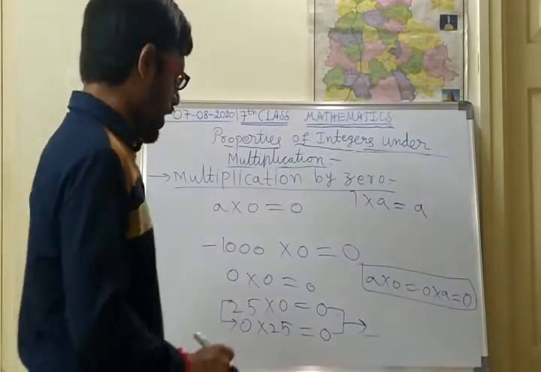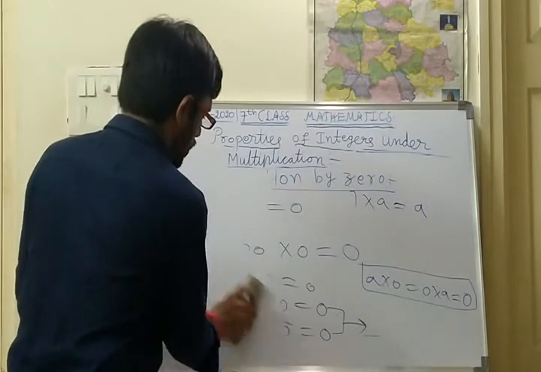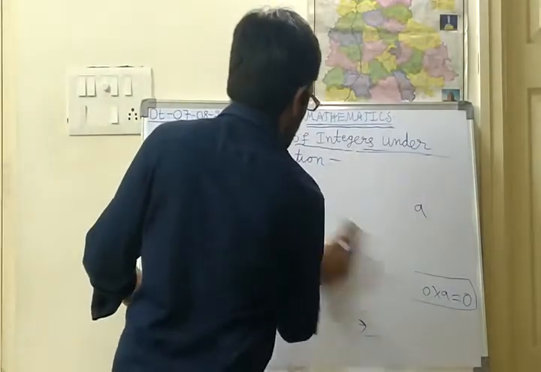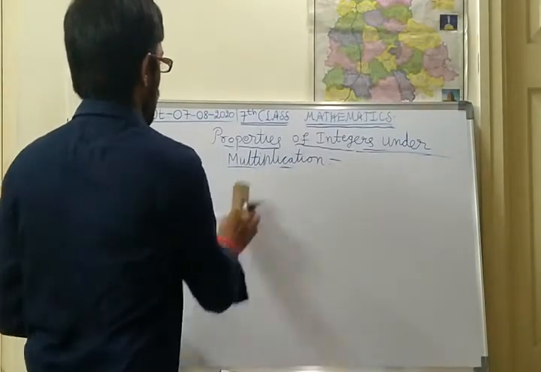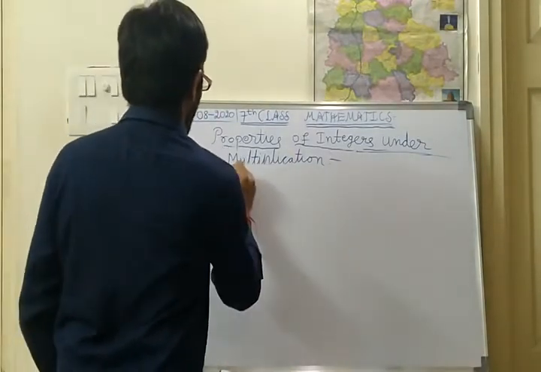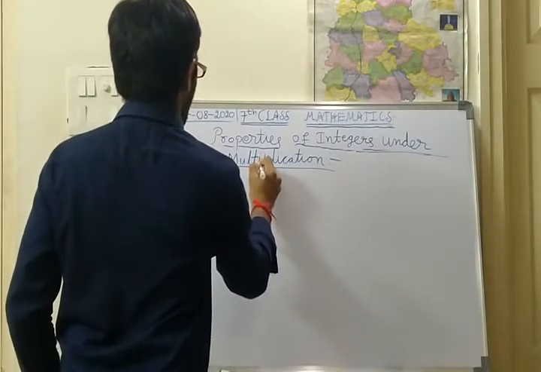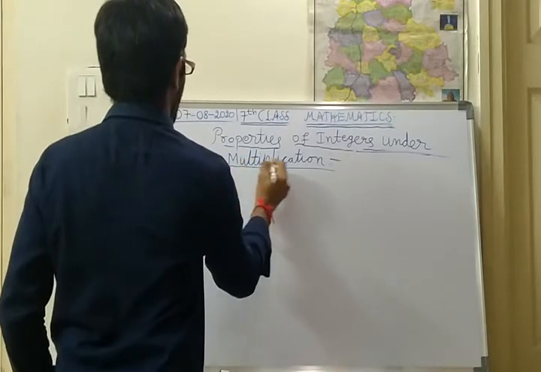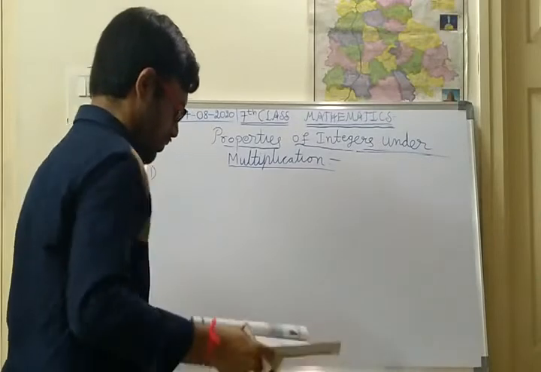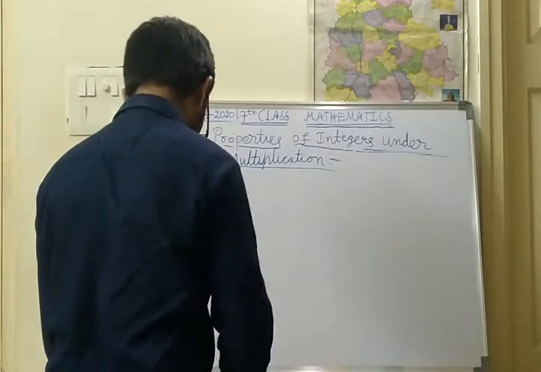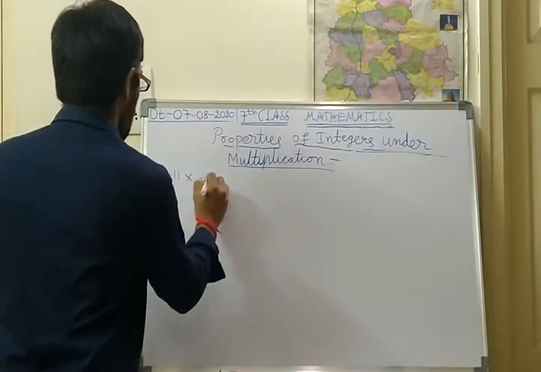Today I am giving some problems regarding these properties. Try to do these problems, very easy only. Don't get confused and try to solve them. First one: minus 11 into minus 8.